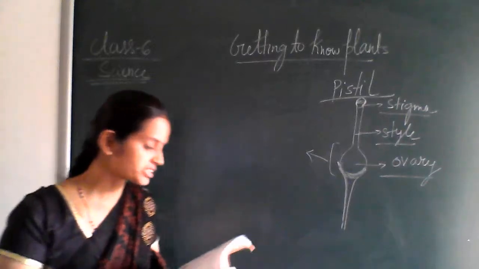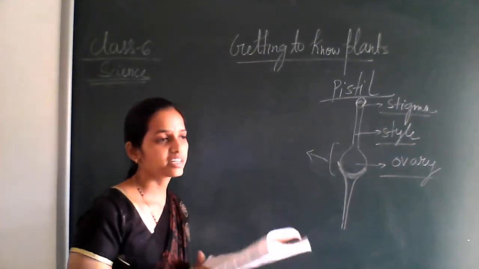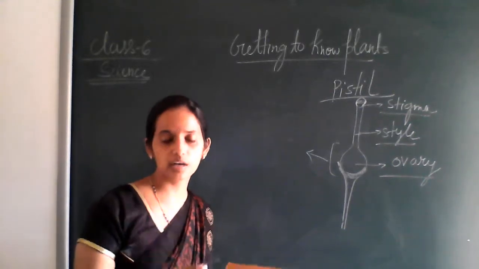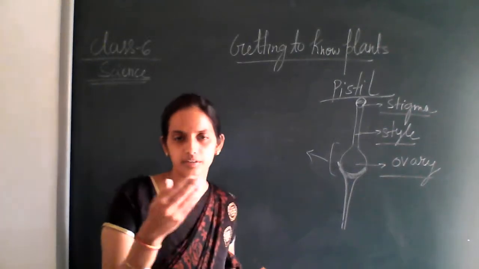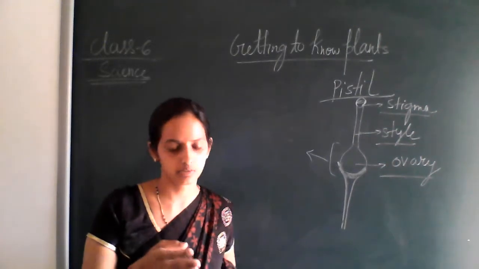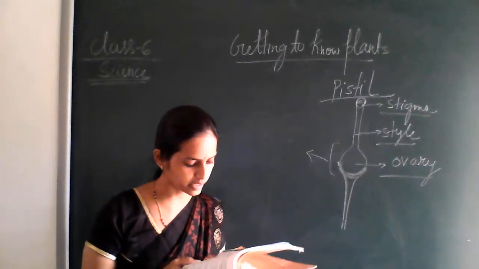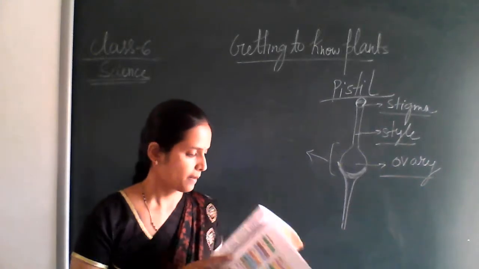So what can you see inside the ovary? After cutting, the plant's part should not get dried, so we put 2-3 drops of water on the cut parts. Inner structure of an ovary, longitudinal cut and transverse cut.